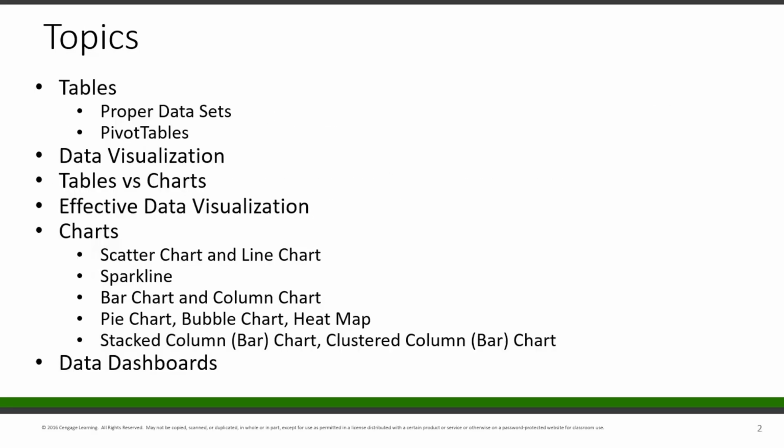Let me talk a little bit about the overview of the topics in chapter 3. What we'll do is look at pivot tables. Then we're going to talk about data visualization. Basically, data visualization just means tables and charts, but mostly charts, pictures.